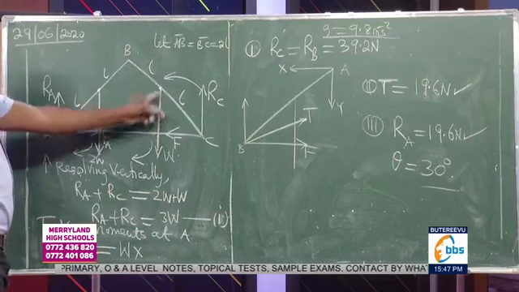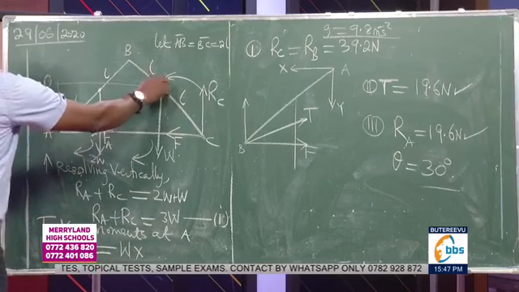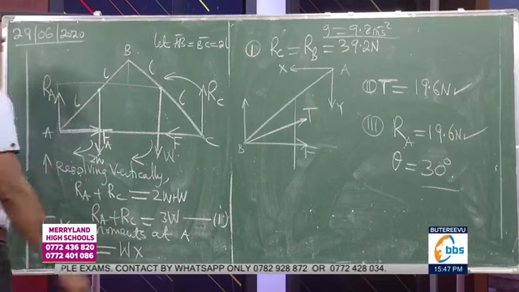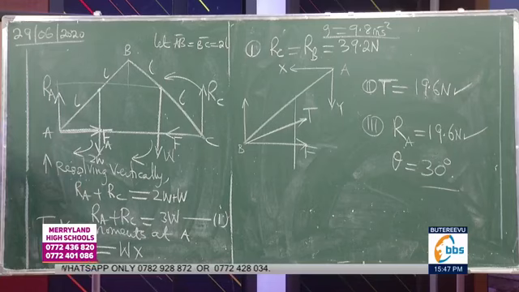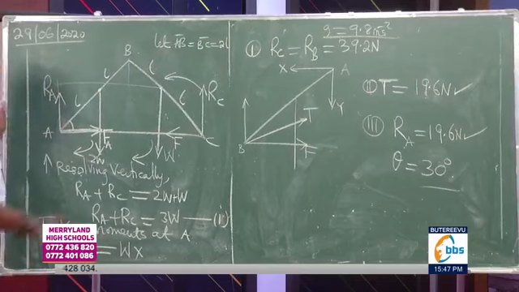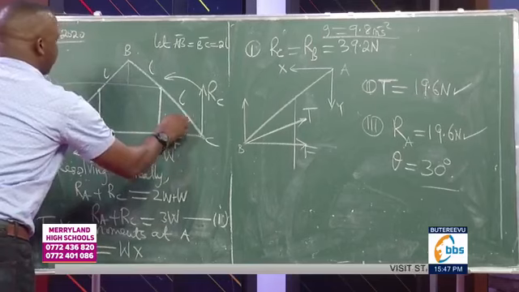times, W starts from here, so the distance we are interested in is this. If these sides are equal, then there's something missing in this diagram. There should be an angle of 45 degrees here and 45 degrees here.